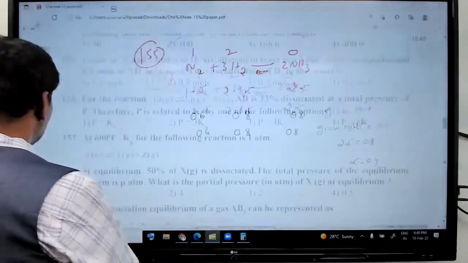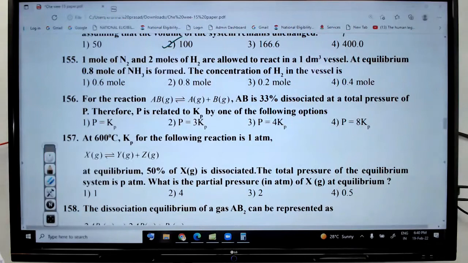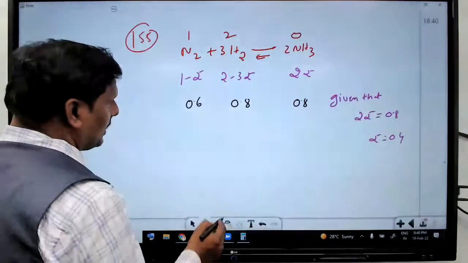How many liter vessel? It is a 1 liter vessel, which means moles equal concentration.